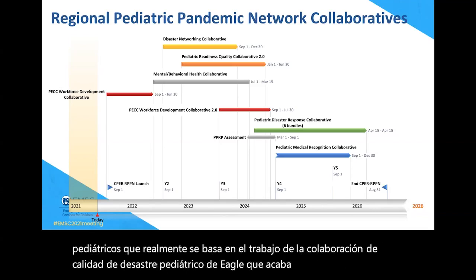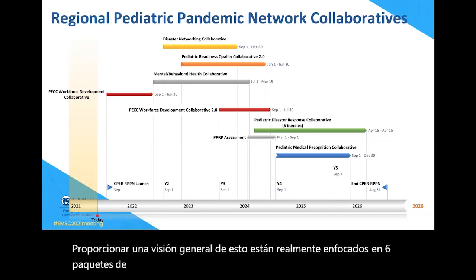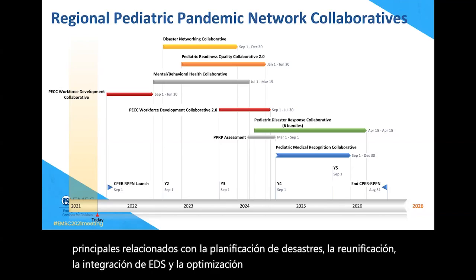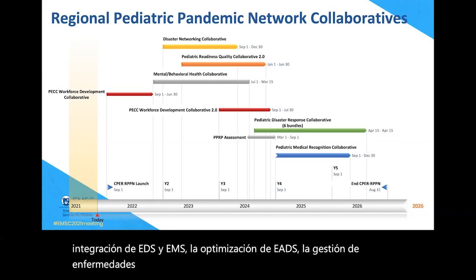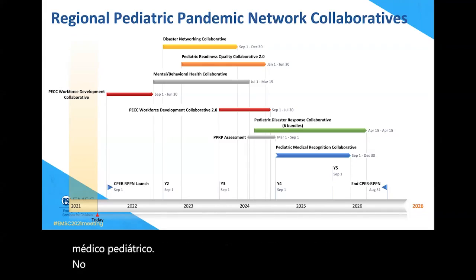And this will really focus on 6 core bundles related to disaster planning, reunification, integration of EDs and EMS, optimization of EDs, management of infectious diseases and pandemics, integration of the pediatric medical home, and the like, and then developing a pediatric coordinating center. So 6 bundles of opportunities.